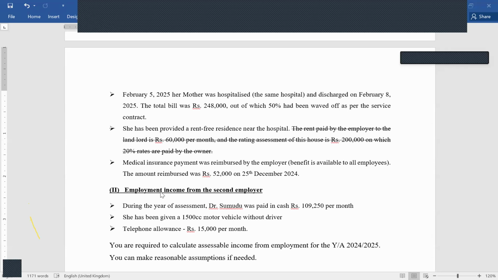But if it is a telephone reimbursement, then only 50% can be considered. For other expenses, that means for vehicle and other expenses, if it is a reimbursement, we can consider the total amount.